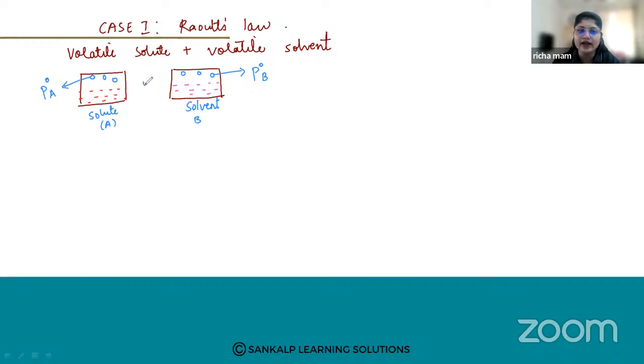Okay, so when we add solute and solvent, for example sugar in water, when we add sugar in water, what will you get? You will get solution, right? Now, in the solute, vapors will be present.